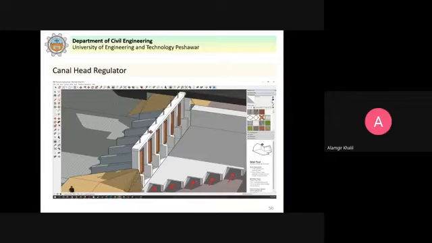You can see that the sill of the regulator is the same as the roof slab, that is the RCC slab of the silt excluder. So the silt excluder is constructed on the bed of the river upstream of the canal. So the clear water will then be allowed to enter into the canal. So this will be clear water, or relatively silt free.